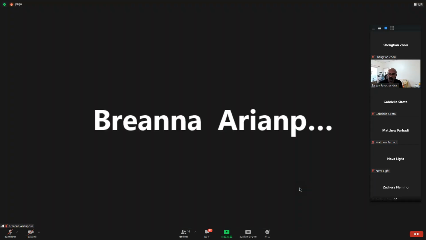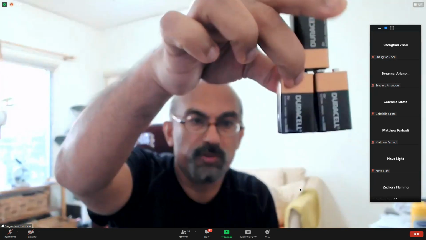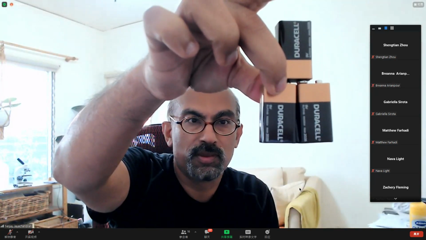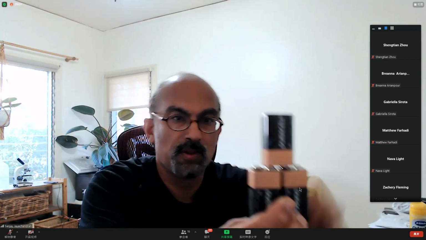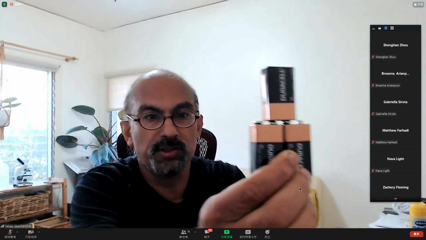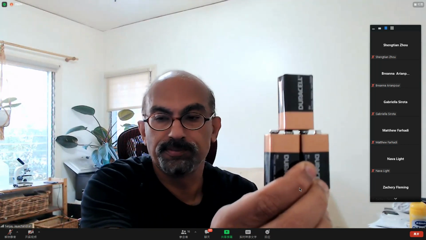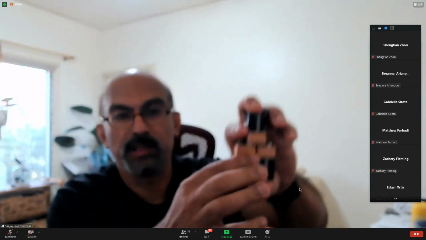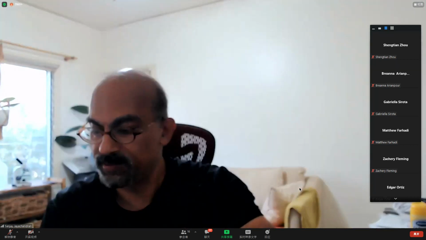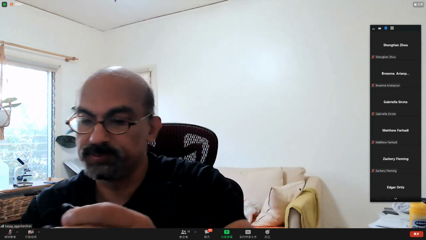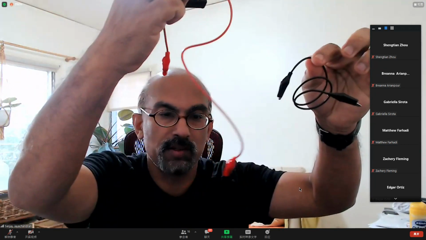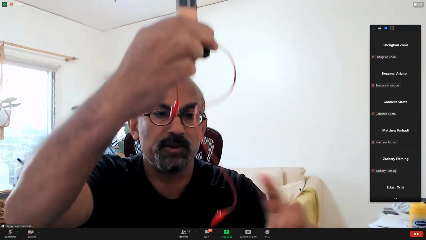You guys got the batteries, right? Set up the batteries like this too. So you have 3 batteries. This is how you want to hook them up. One on top of the 2, connecting the 2 like a bridge. So this is going to be your power source. Eventually you have the black, which is your negative electrode, and this is your positive electrode.